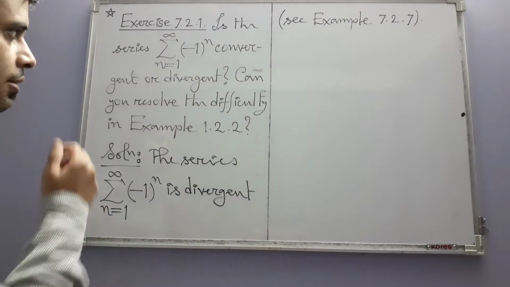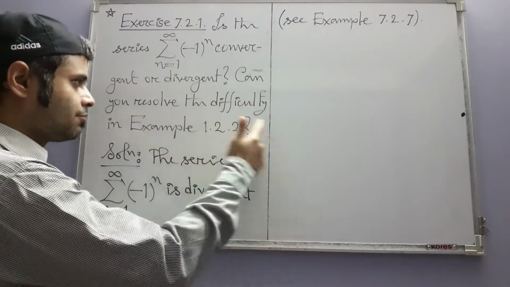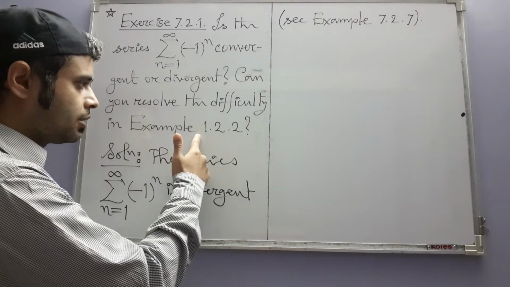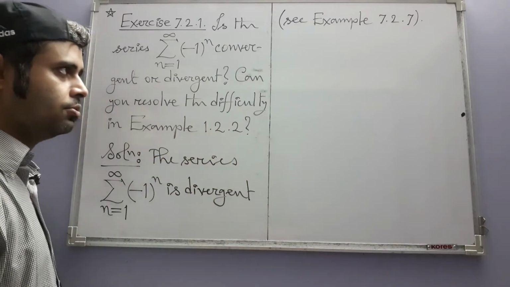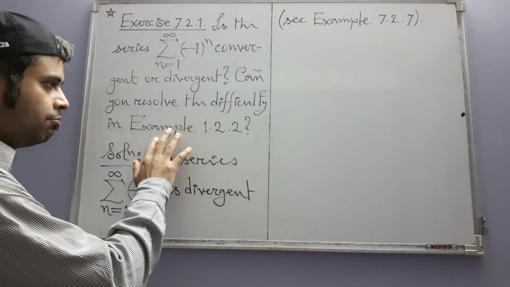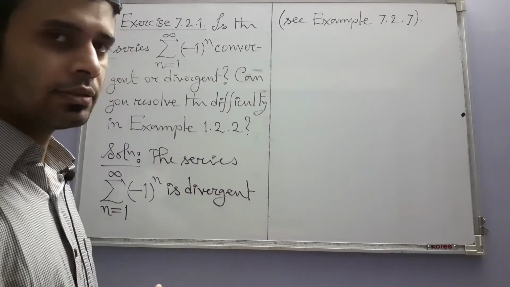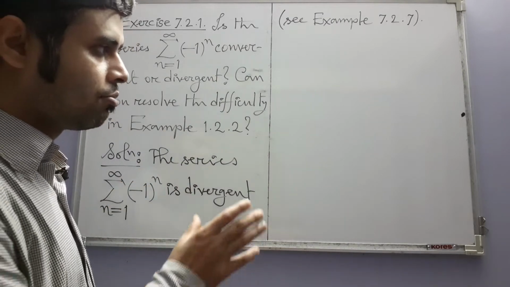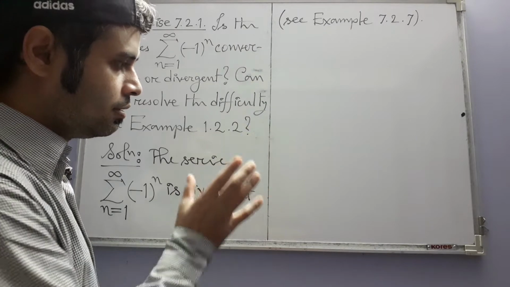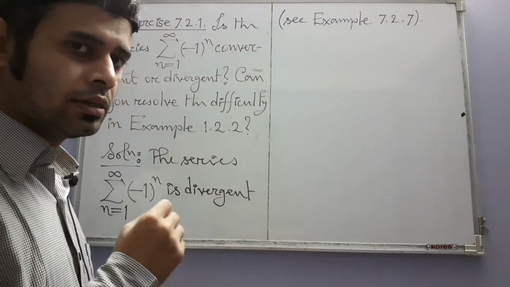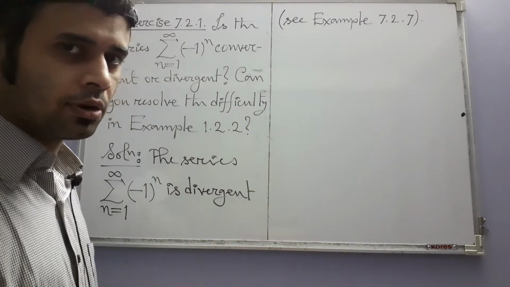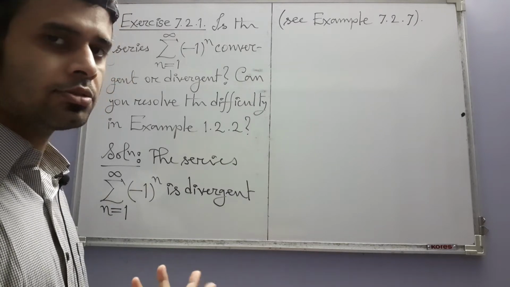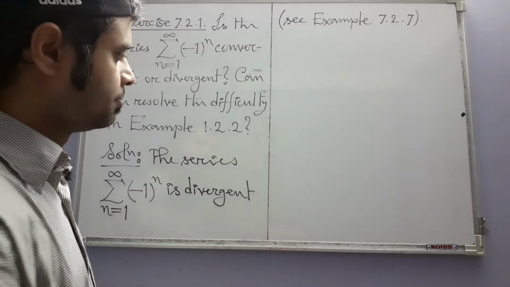Okay, now we come to the next part of this exercise. In the next part, we are being asked to resolve the difficulty that we encountered in example 122. If you recall, way back when we started things, there was one section where Professor Tao discusses some examples where in each one of them things go wrong because of our careless use of the rules of calculus.